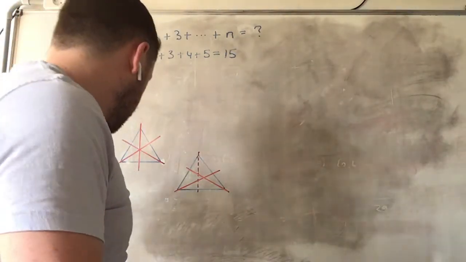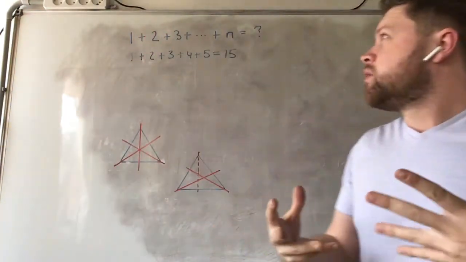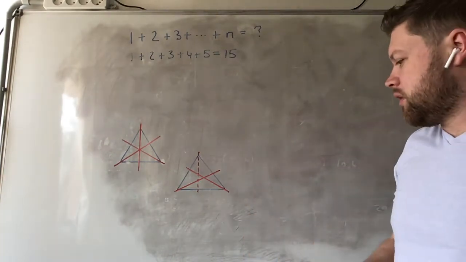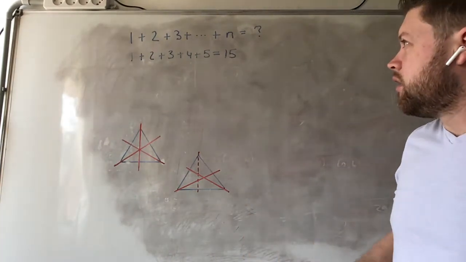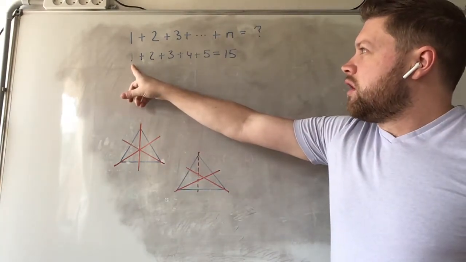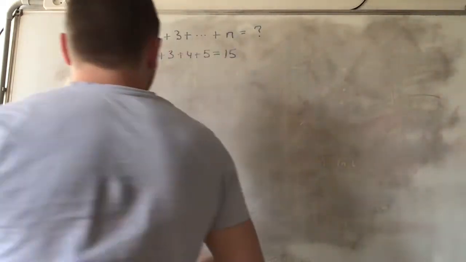But if we want to use symmetry in this situation, we have to try and move this question into a more visual construct. So what if I drew dots representing each of these numbers? Watch what might happen.